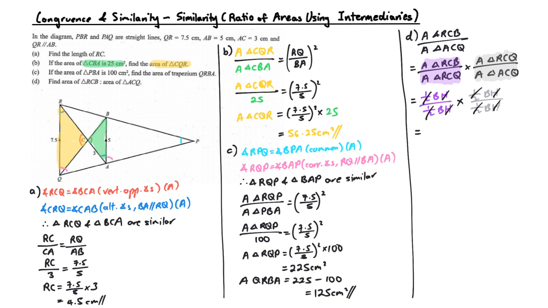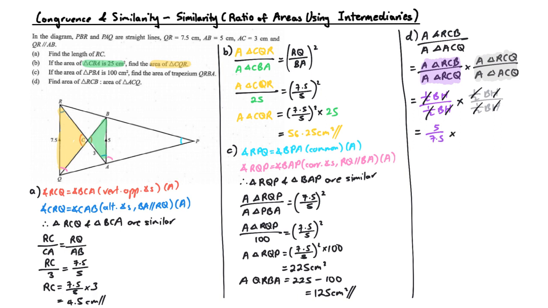So the base of RCB will be the same scale factor. We already know that these two triangles are similar. I mean this side here corresponds to this side. The relationship is 5 over 7.5. So I'm just going to put here 5 over 7.5.